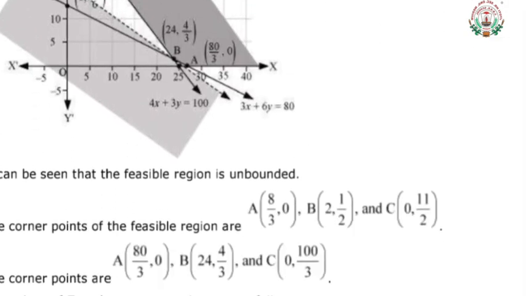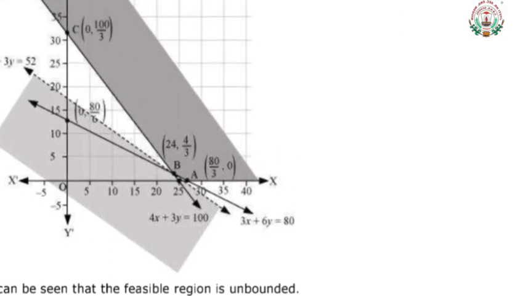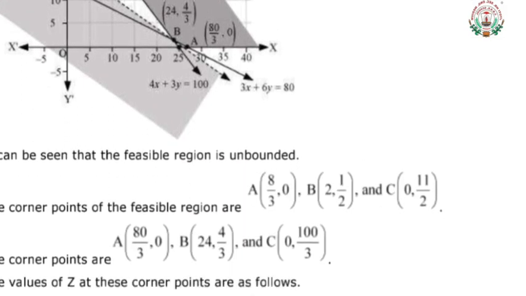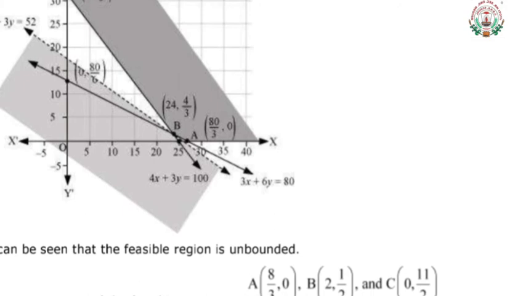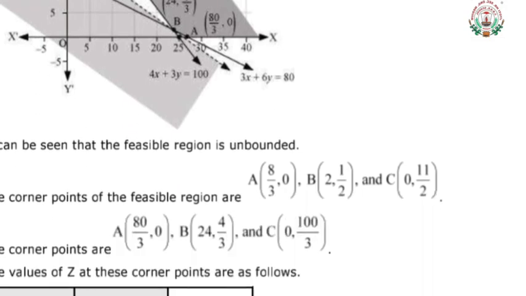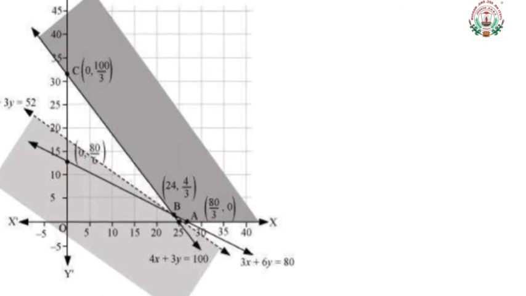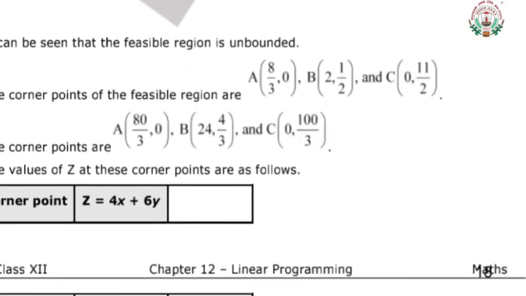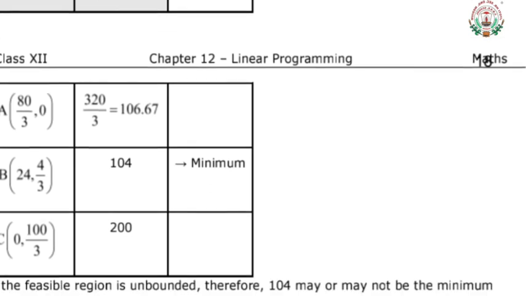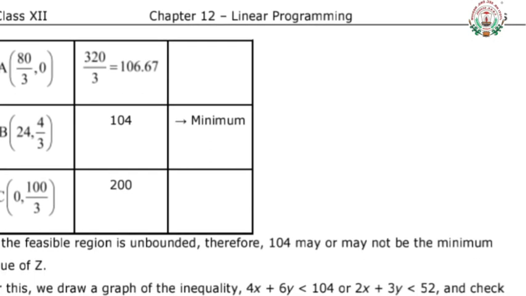At A we are getting 80/3. The corner points of the feasible region are (80/3, 0), (24, 4/3) and (0, 100/3). And when we check in the table, the minimum value comes to be 104 at a certain point.